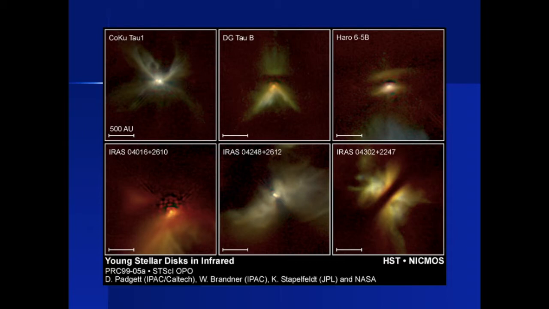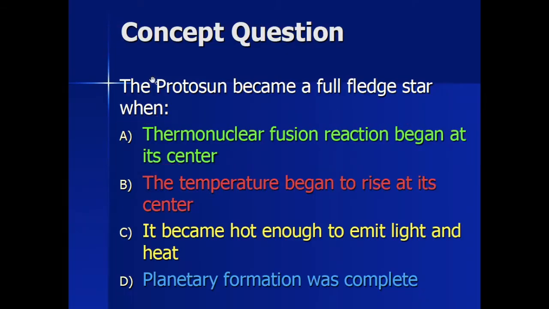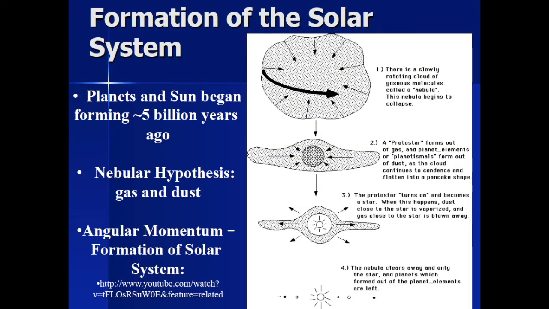So for example, here are some extrasolar planets forming, where we see a galactic disk with a center protostar forming around it. Okay, so the basics, right? This formation of the solar system, we are always revising this idea as we look for other planetary systems.